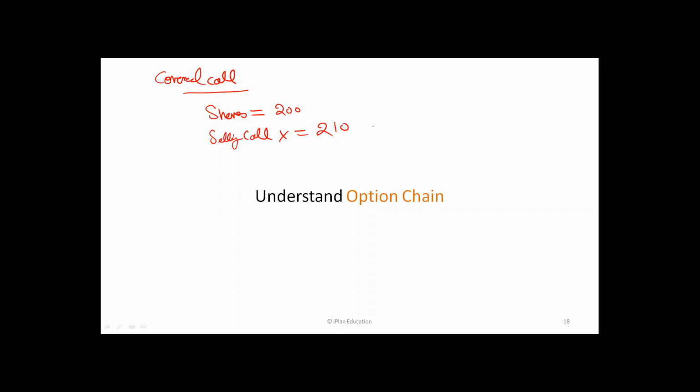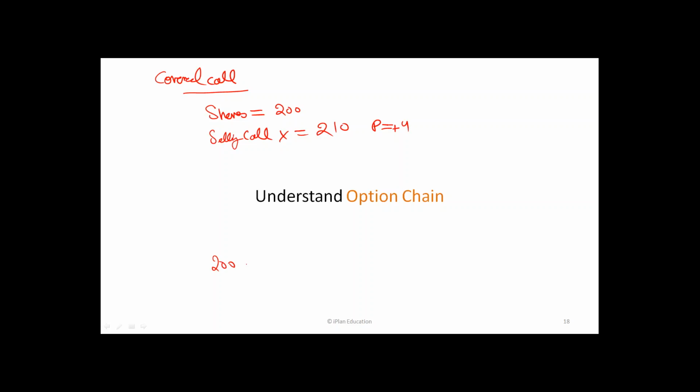So this call, when you're selling, obviously will give you a premium, let's say of 4 rupees. So the premium you are receiving is 4 rupees. Right?